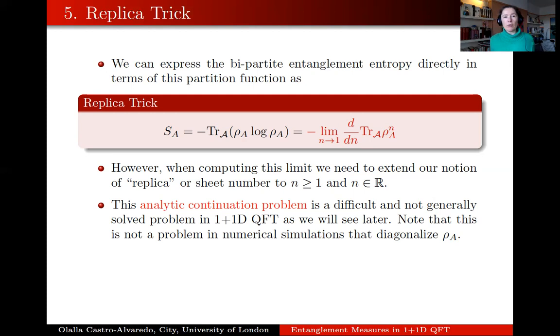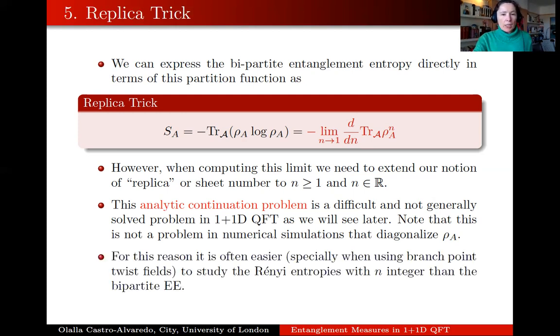There's only an analytic continuation problem if you try to understand these measures analytically in quantum field theory. Then you have to ask those questions. So for this reason, it's often easier to compute Renyi entropies by most of the approaches people use in QFT than directly the entanglement entropy. Okay, so it's a kind of formal reason derived from this replica trick.